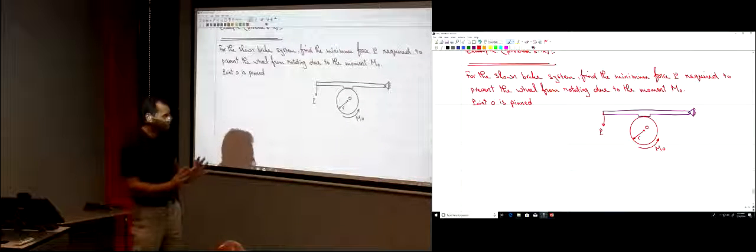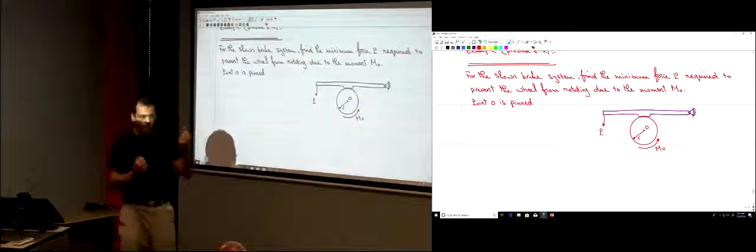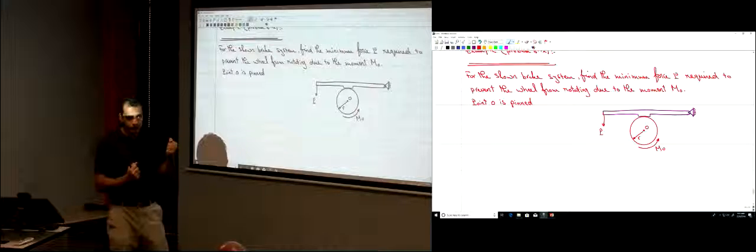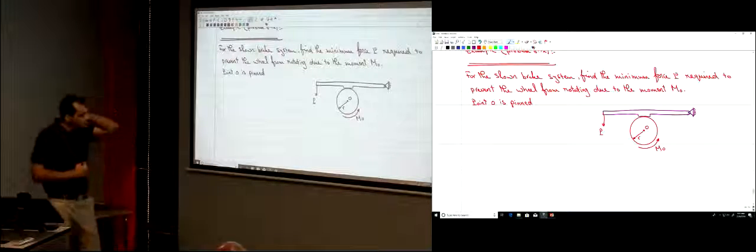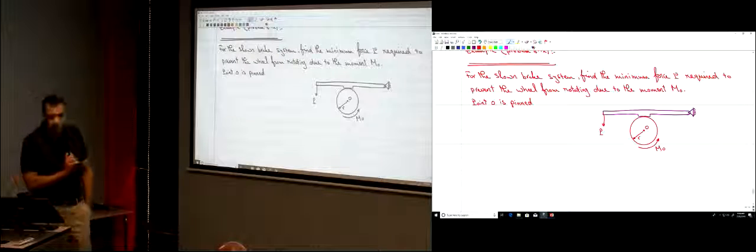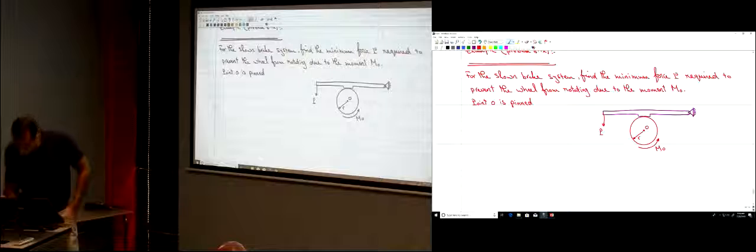Or even if it's not rotating yet and there is this moment, you need to apply some force P to prevent it from rotating. If this force P is so small, it will not be able to prevent it from rotating, okay? So in this problem we are required to find the minimum force P to prevent this from rotating.